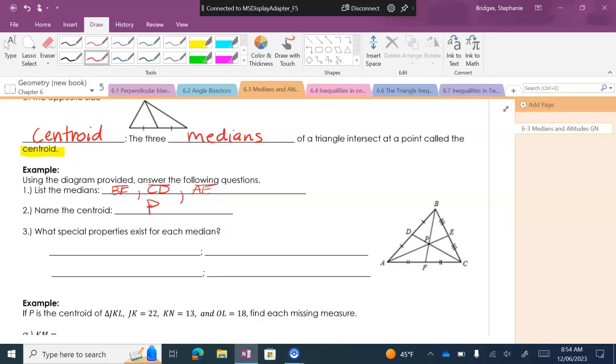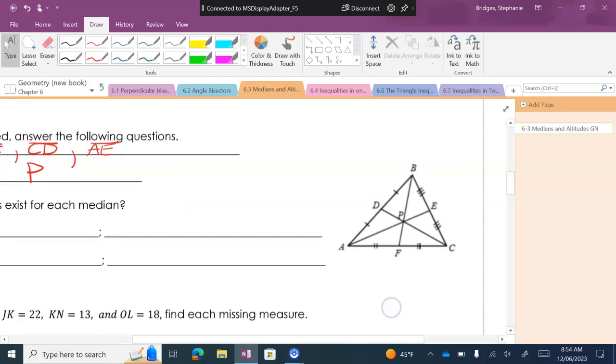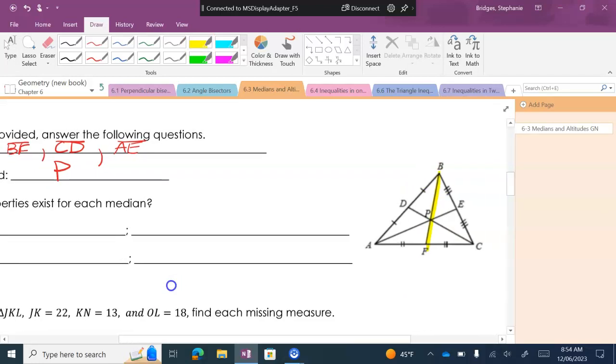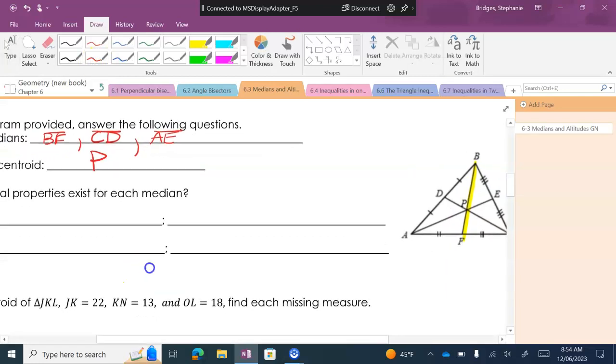Now this next one. There are several different properties that exist with a centroid, okay? I'm going to specifically just use one centroid, but this is true for every centroid. So I'm going to focus on the one that's going straight up and down. Do you guys see segment PF in your picture?